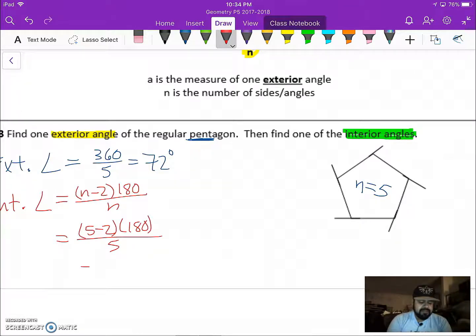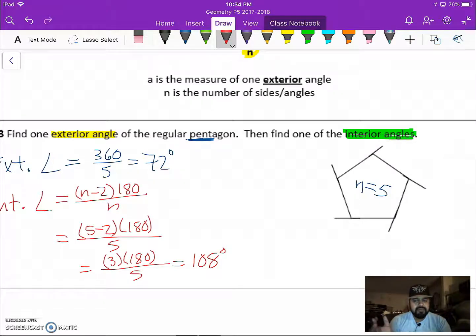Now, if you're careful with how you type this in your calculator, you can do it in one go. Otherwise, work it one piece at a time. There's no harm, no foul. If you type this all in and plug in the numbers, you should get 108.